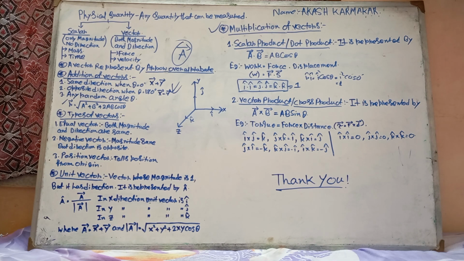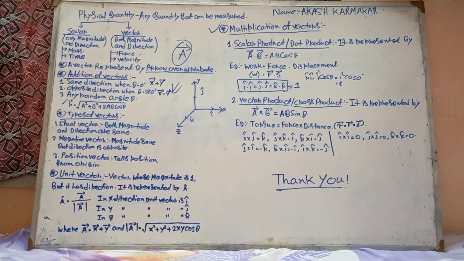And the fourth is the unit vector. The unit vector has magnitude 1 but it has direction, and it is represented by a cap. So basically a cap is equal to a vector divided by the mod of a vector.